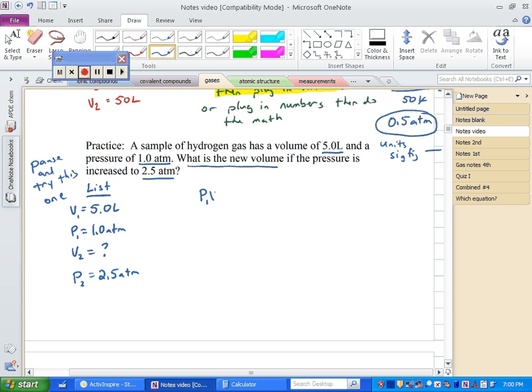Our unknown is V2. So to get it alone, we divide both sides by P2. So P2 cancels over there. We plug our values in: 1 atmosphere times 5 liters divided by 2.5 atmospheres.